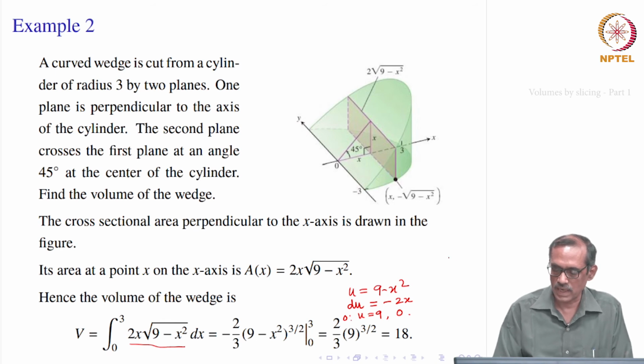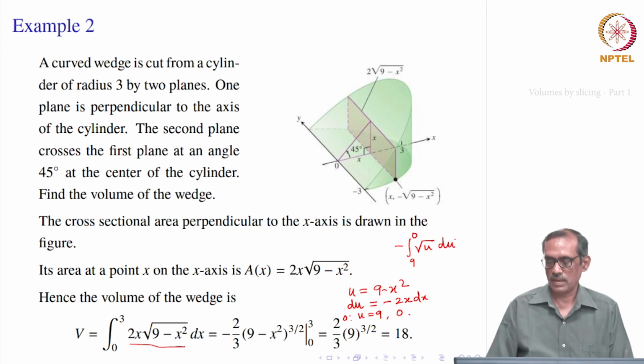So, that means the integral will be minus, because there is minus 2x here, minus 2x times dx. So, 2x times square root of 9 minus x square. So, that means it is minus integral 9 to 0, square root of u du, right.